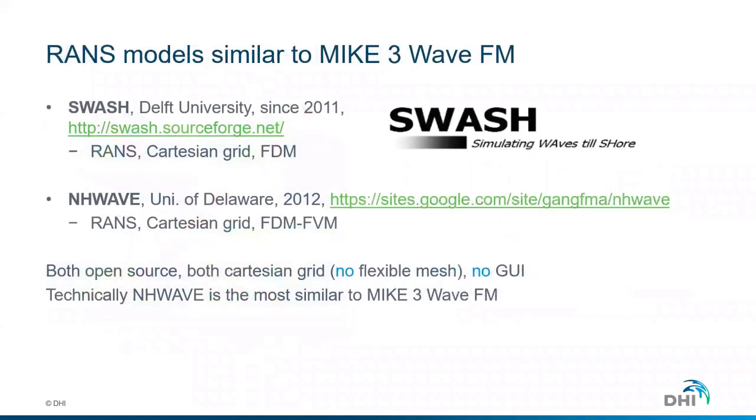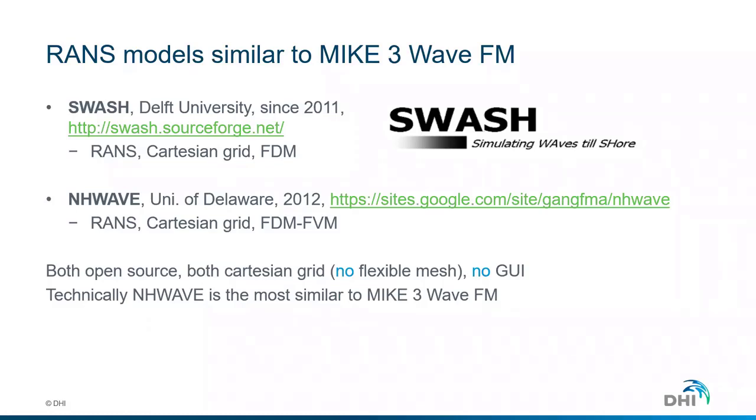There are other models similar to MIKE 3 Wave FM. Some of these are SWASH and NHWAVE, which you can look into in more detail using these links given here. These are both open source. They are Cartesian grid, meaning no flexible mesh and no graphical user interface.